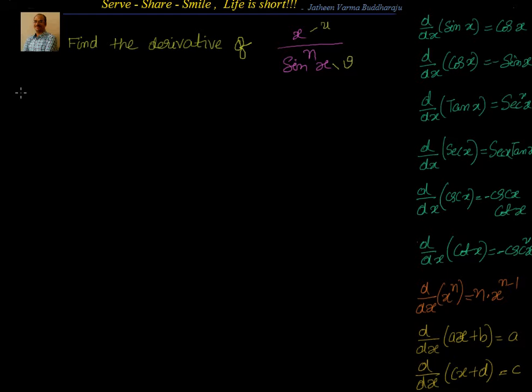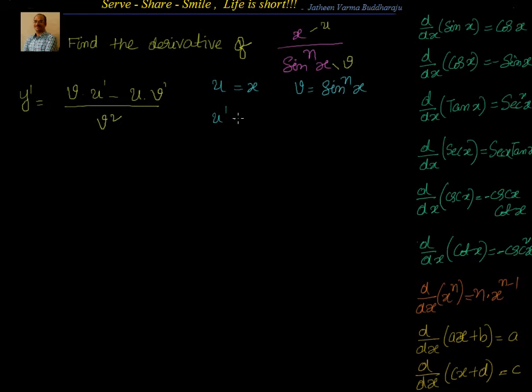The quotient rule says the derivative of y, or y dash, equals v into u dash minus u into v dash, divided by v square. We know u equals x, and we know v equals sine to the power of nx.